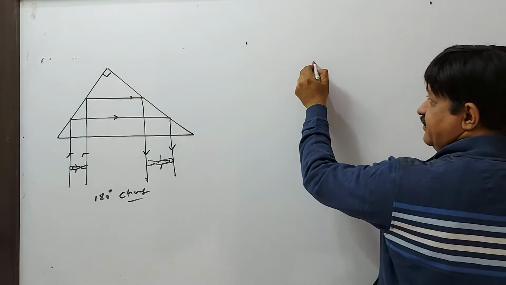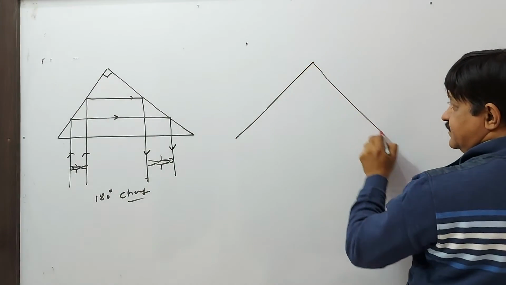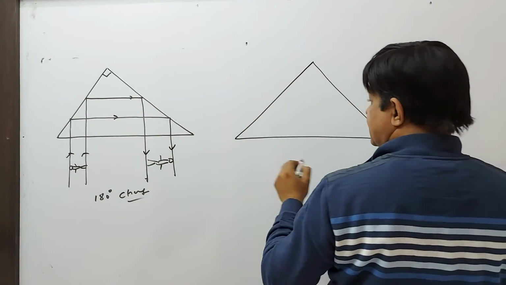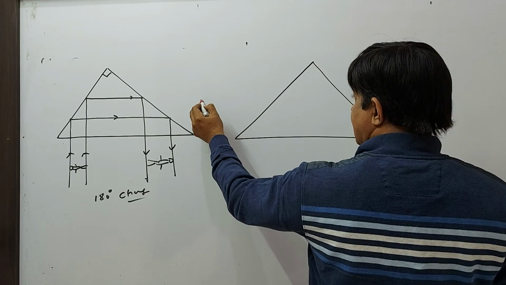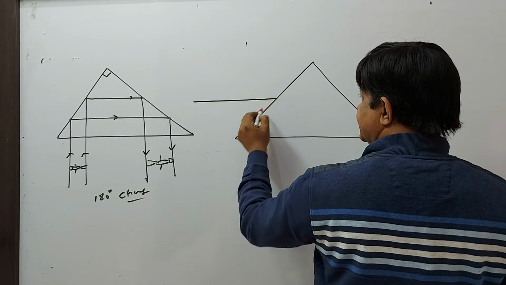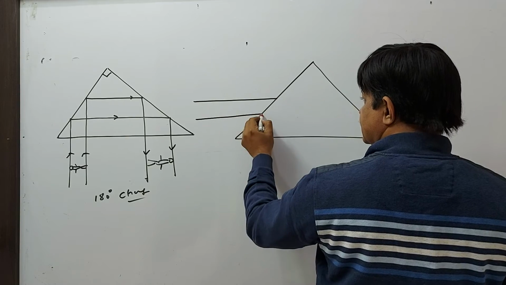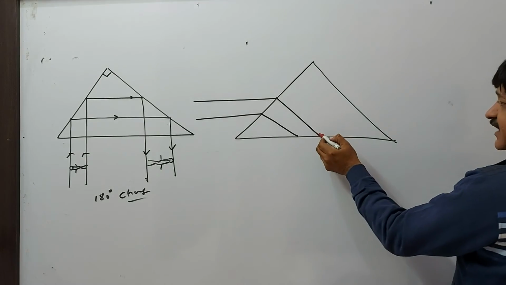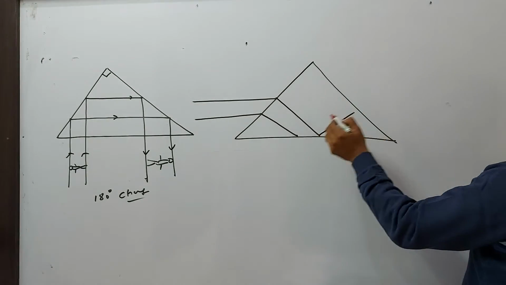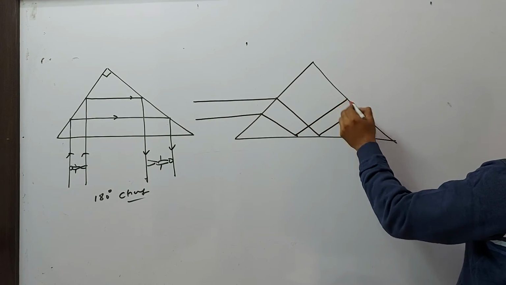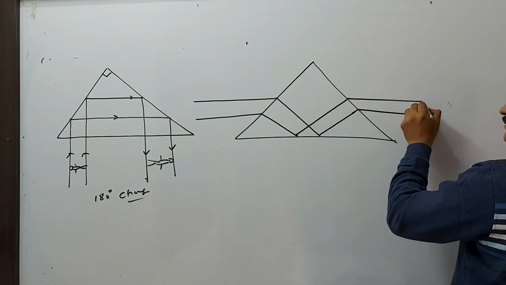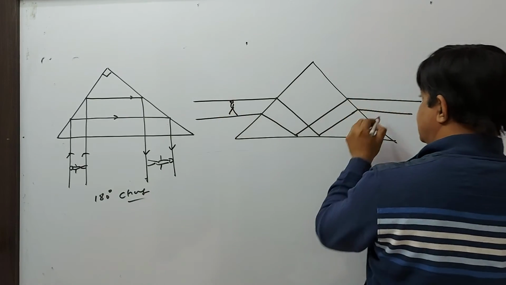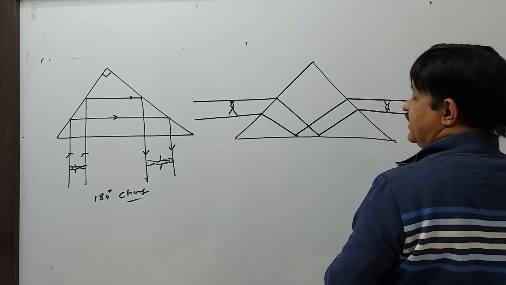We can also have it without deviation. See this one. Light will start from this face, and suffer total internal reflection here on this surface. This person who is here will become reversed.